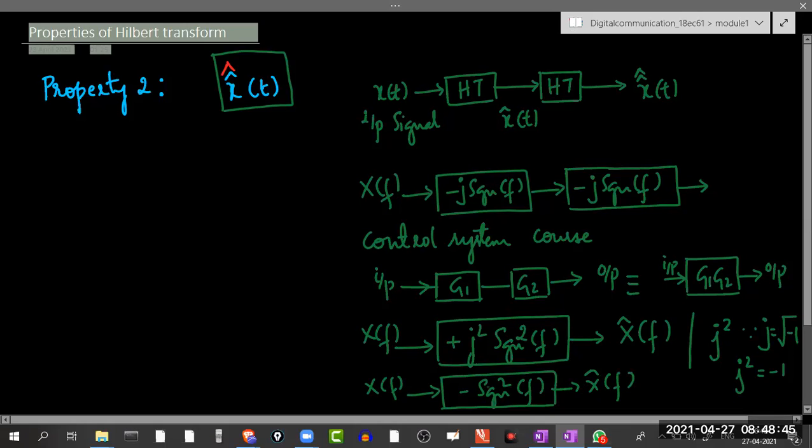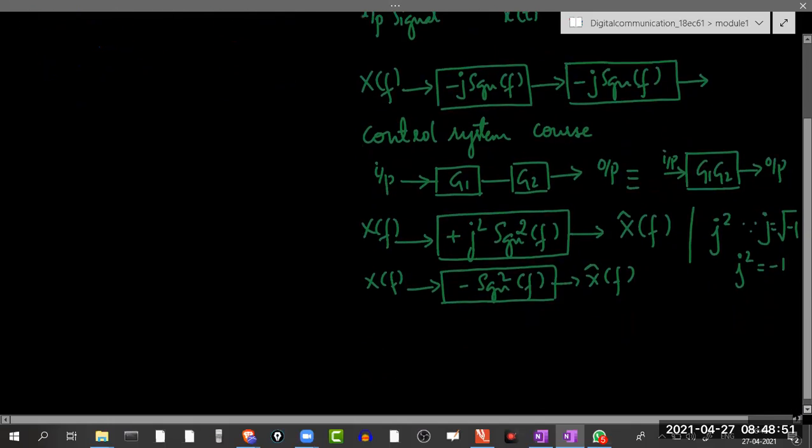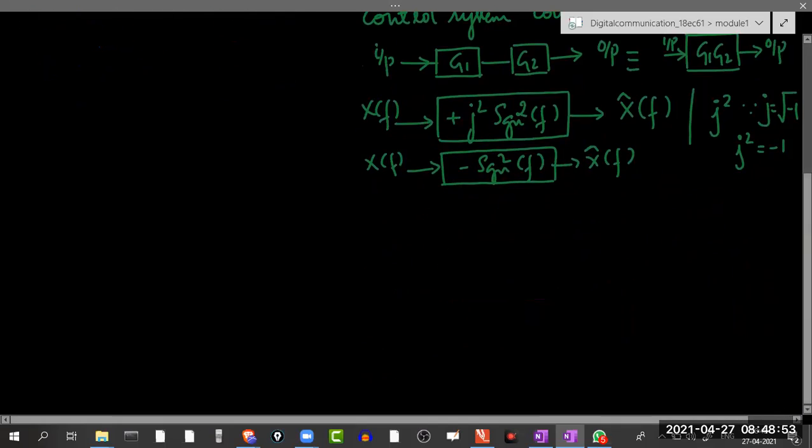And what is happening to this signum square? So, what was the signum function actually? We all know its shape. Signum function of f can be thought of as equal to +1 for frequencies greater than 0, equal to 0 for f equal to 0, and it takes amplitude value -1 for frequency lesser than 0.